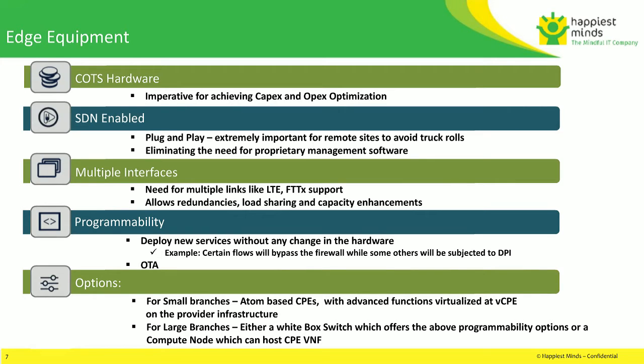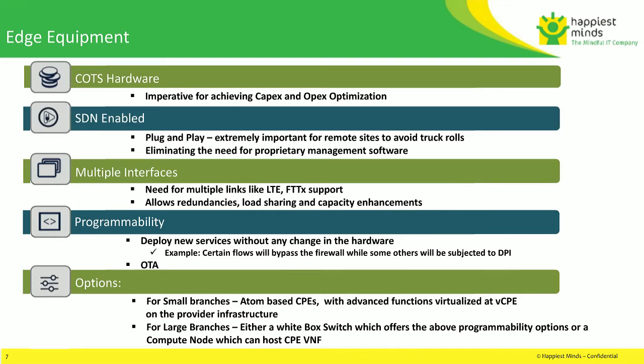Also this allows you to have things like over-the-air update, which will prevent again a truck roll for replacing the equipment or a need of a technician to visit and do a software upgrade, if the over-the-air upgrade of the software is supported.